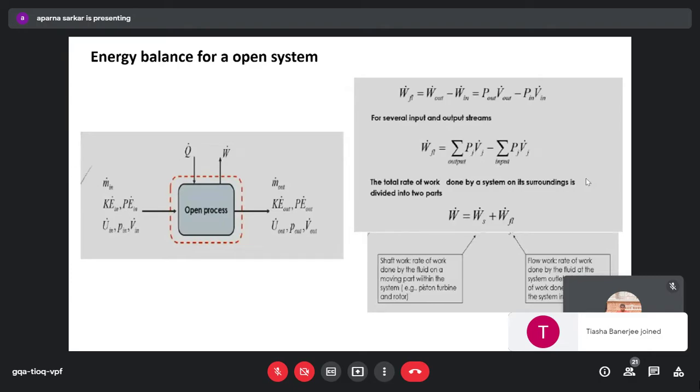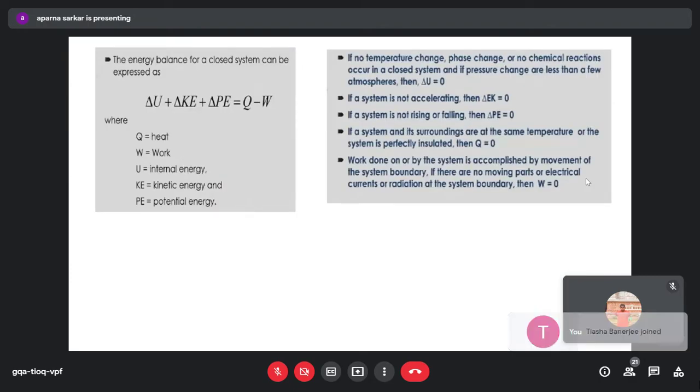So what happened in the closed system, the energy balance?